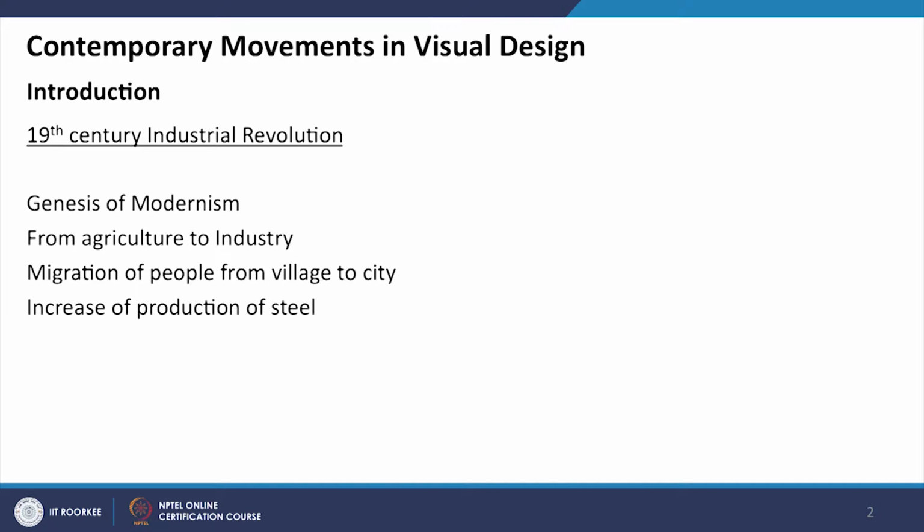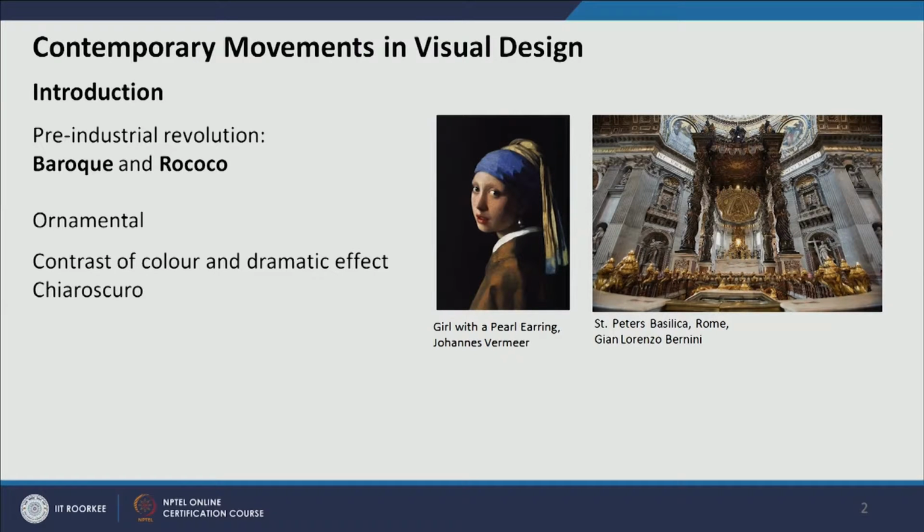It happened just after, I mean it's a continuation of, the Renaissance. After the Renaissance there was a lot of industrialization, people moved from villages to the city, and a lot of manufacturing, mass production and technology boom happened.